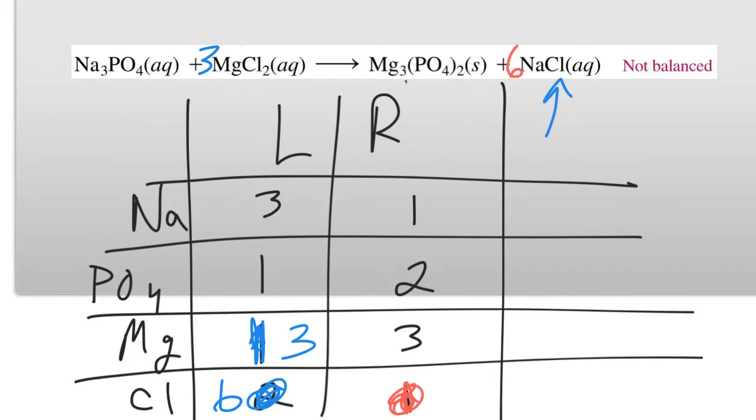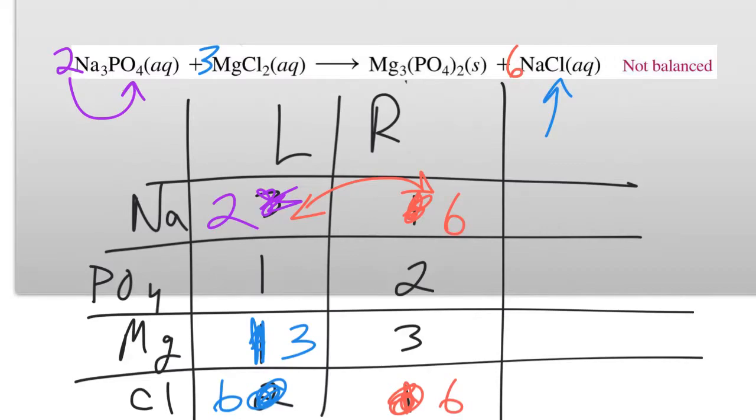That gives us 6 right here, and it gives us 6 right here. Now we can see we have an easy answer there. We just need to put a 2 out in front of the sodium phosphate. That'll make this 6, and 2 times that 1 phosphate makes this 2.